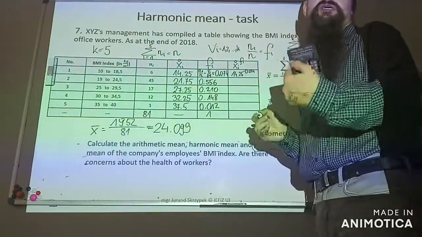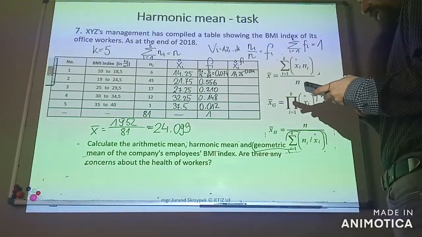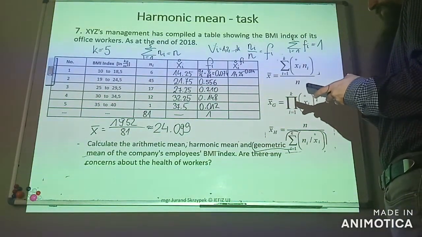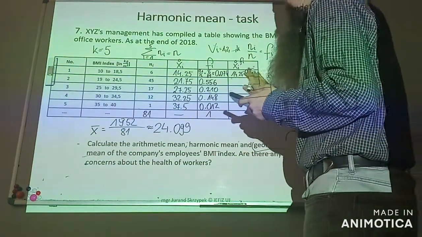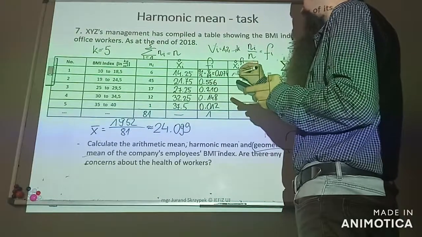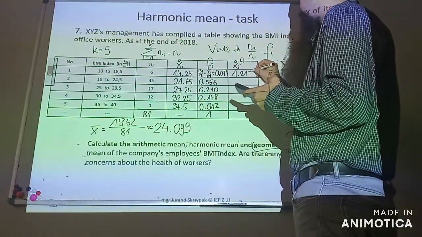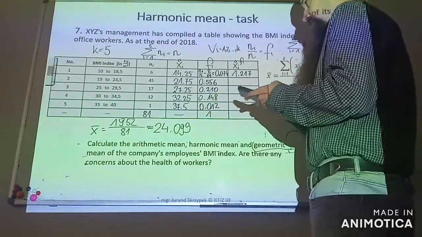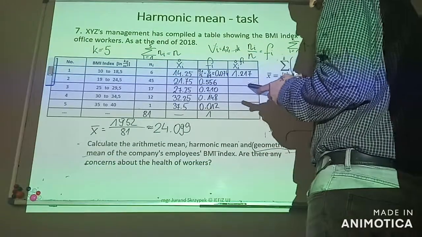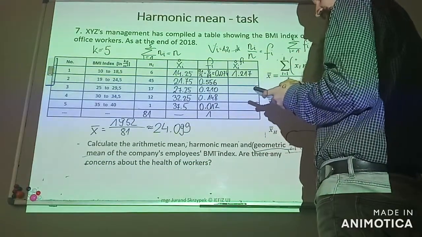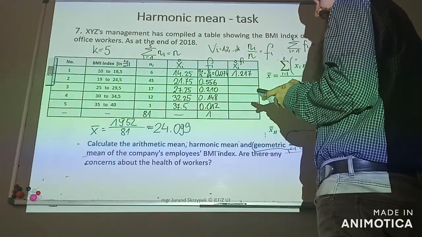So we need the scientific calculator. This is about 1.217. In the next step, we raise 21.75 to the power of 0.556.